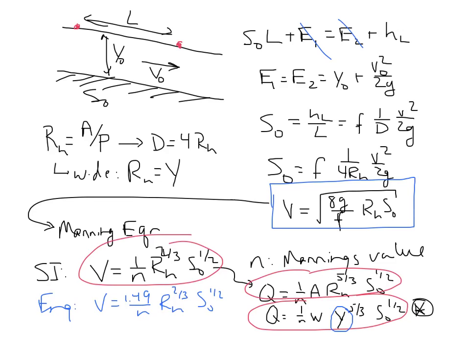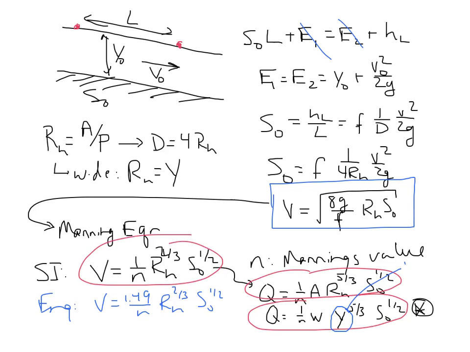So if the channel was infinitely uniform both upstream and downstream, then it would achieve a depth given by this equation for a given flow rate, for a given Manning's n, for a given width, for a given slope. As we start talking about how channel flow evolves, whether the depth is greater than or less than this value becomes a critical descriptor of the flow, because it tells us whether the flow is gaining energy or losing energy. This is a topic we're going to take up in the next couple lectures. For now, though, let me just make sure that the definition is clear.